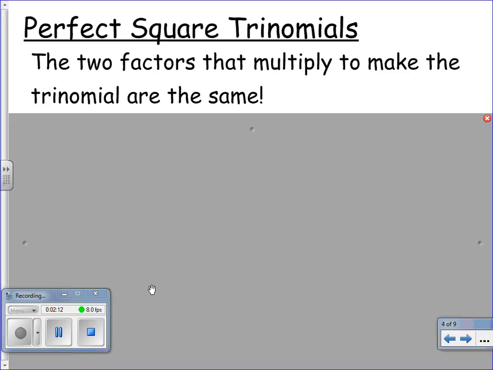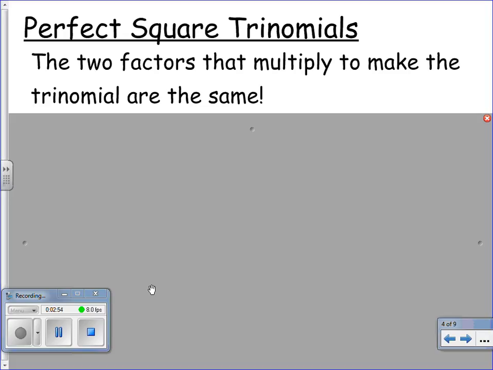So jot this down in your notes. On that very first slide, where we were factoring the trinomials, Sierra noticed that she could write them as a binomial squared. Those were called perfect square trinomials. A perfect square trinomial is any trinomial where the two factors that multiply to make the trinomial are the same.